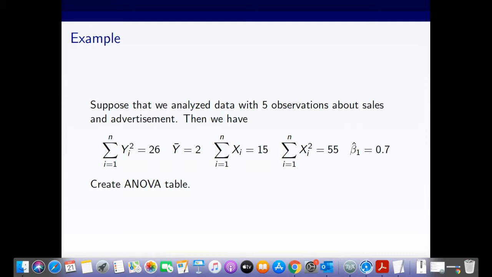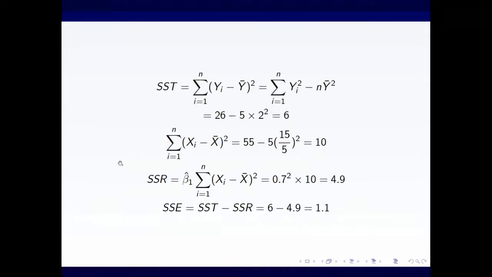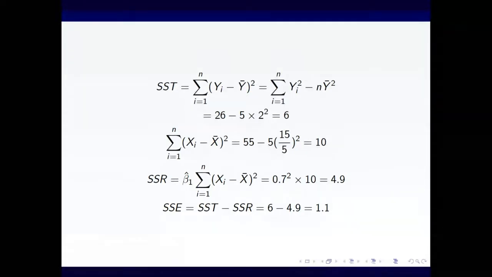So let's calculate this one. SST is equal to the sum of yi minus y bar square, and we know that the sum of y square is equal to 26, the sample size n is 5, and y bar is equal to 2. So the sum of y minus y bar square is equal to the sum of y square minus n times y bar square. It's going to be 26 minus 5 times 2 square, which is 6.